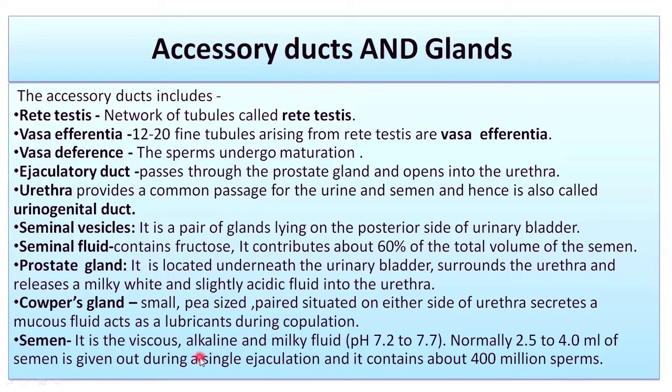Now, the last important point is the semen. Semen is a viscous, alkaline, and milky fluid, and the pH of semen is alkaline, 7.2 to 7.7.